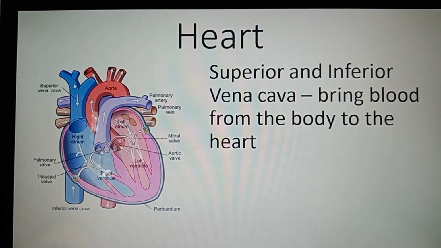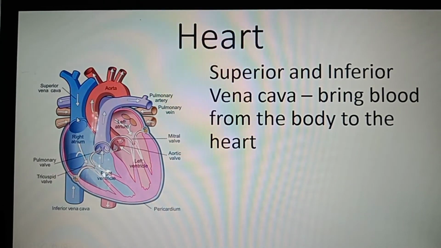And superior vena cava, ang dugo na yan ay galing sa upper part of our body. While yung dugong dala-dala naman ni inferior vena cava ay galing naman sa lower part of our body. So sila ang magdadala ng dugo pabalik sa puso. Dugong may carbon dioxide. So, blue yan, it means with carbon dioxide.